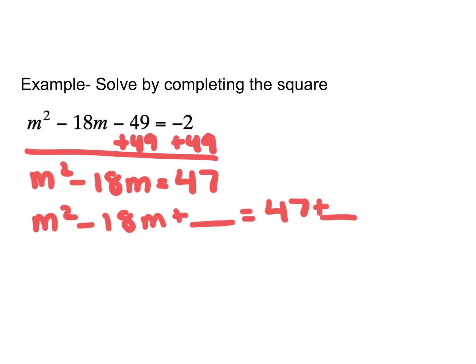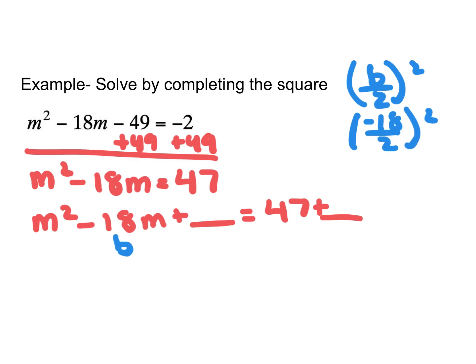And again, you add it to both sides so that we can factor and complete that square. So what we do is we take the value of b over 2 and square it. So it's negative 18 over 2 squared, which gives you negative 9 squared, which is 81. This means I'm going to add 81 to both sides.